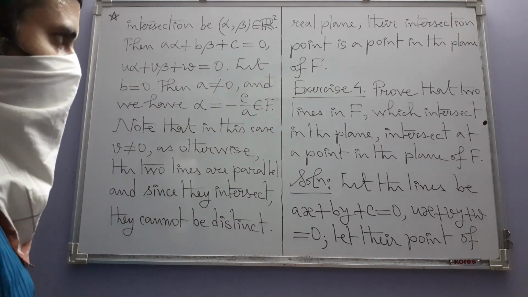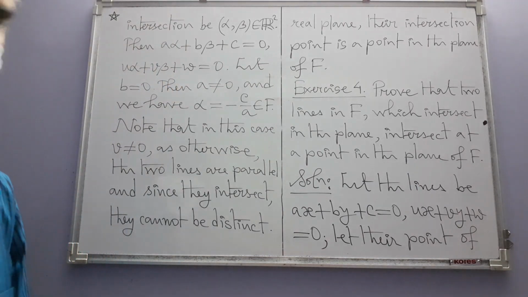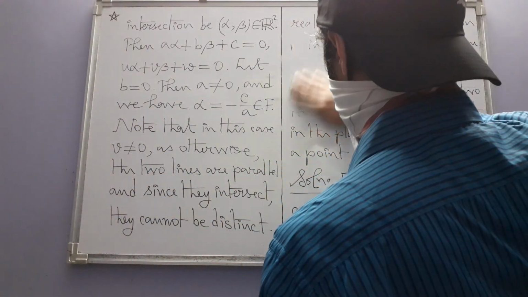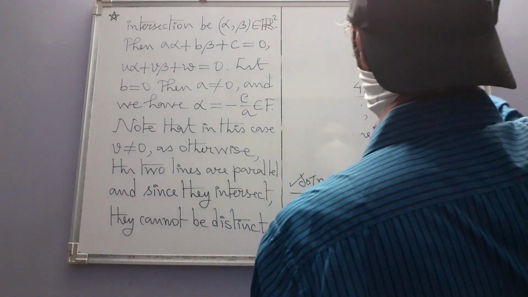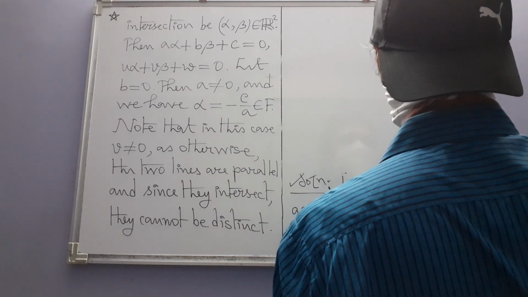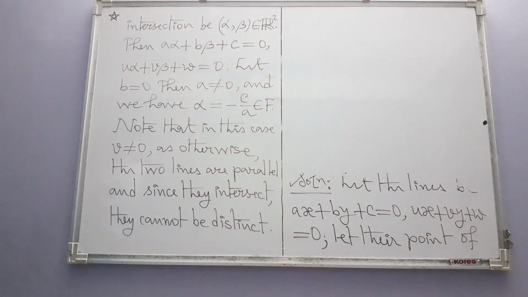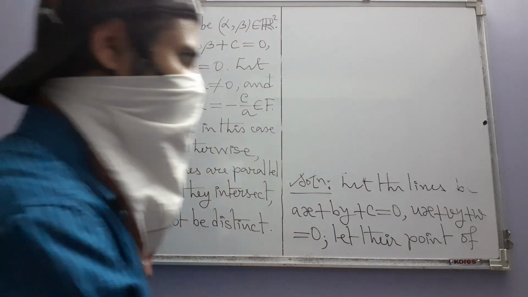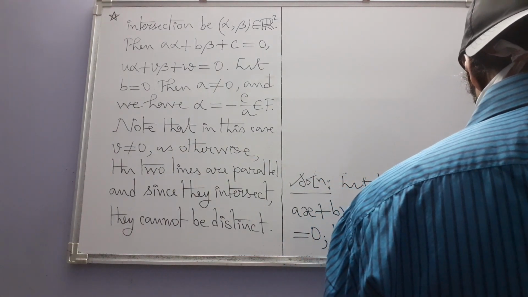So that's why v has to be non-zero. So now what do we get from this? So non-zeroness of v is going to give us what?